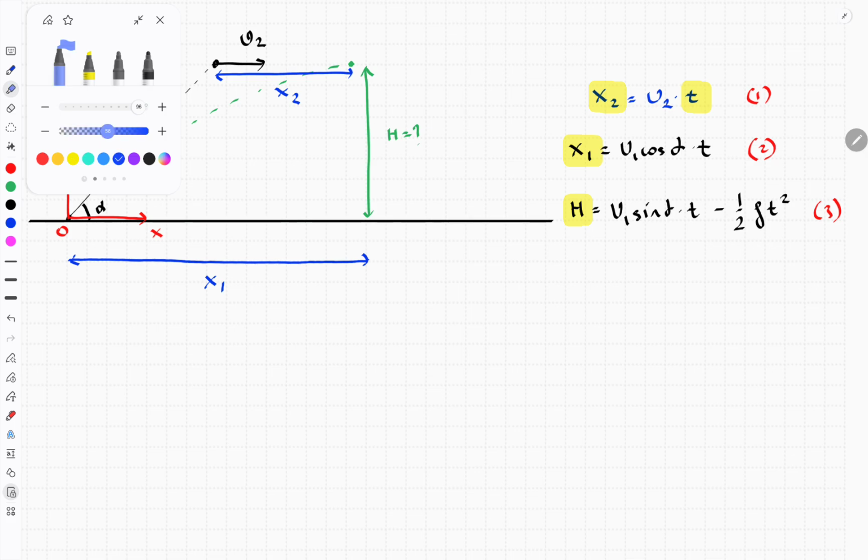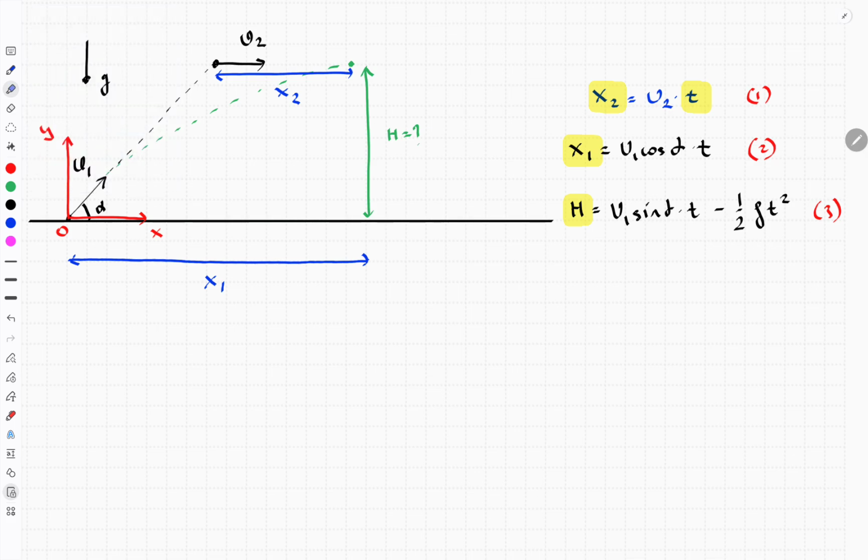I will draw this kind of triangle, right triangle. So pay attention to this right triangle. Here we have a 90 degree, and this side is h, this side equal to x1 minus x2.